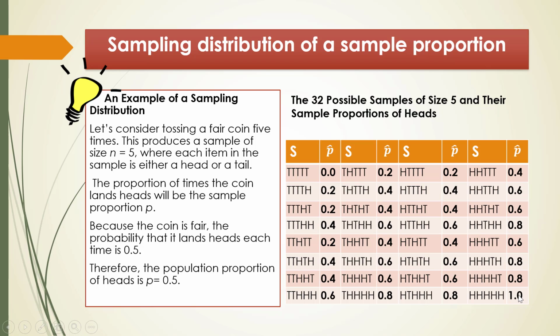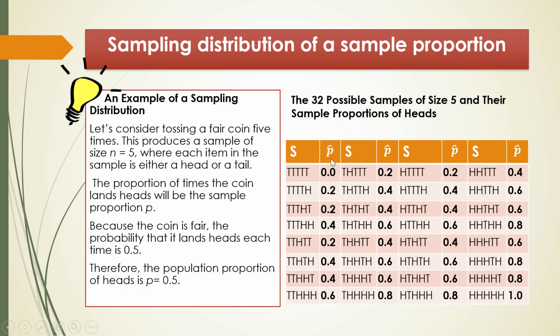So here you see that if several samples are drawn from a population, they are likely to have different values for p hat, because the value of p hat varies each time a sample is drawn. P hat is a random variable. These numbers are the values of the random variable p hat.